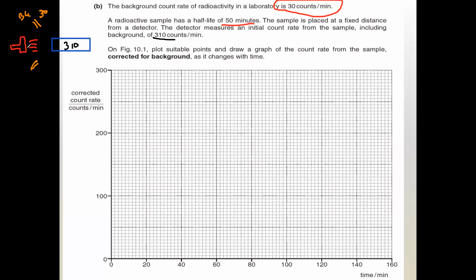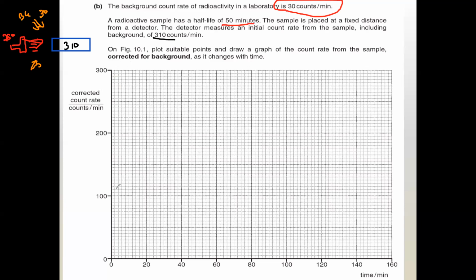So how many radiations are coming from the source? If 30 are from the background, how many remain from the source? 310 minus 30 equals 280. So basically 280 radiations are coming from the source. These are the corrected counts, where we remove the background and only include the source.